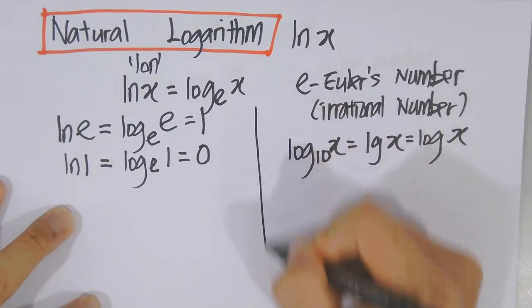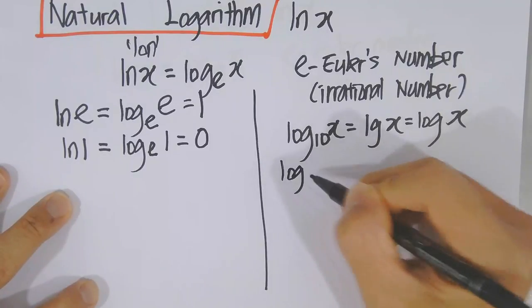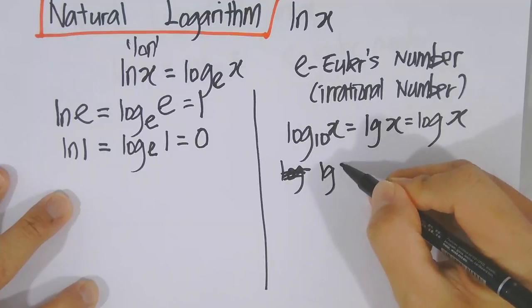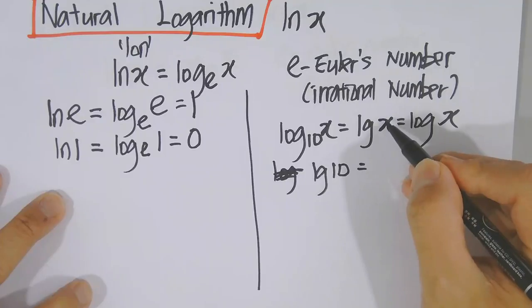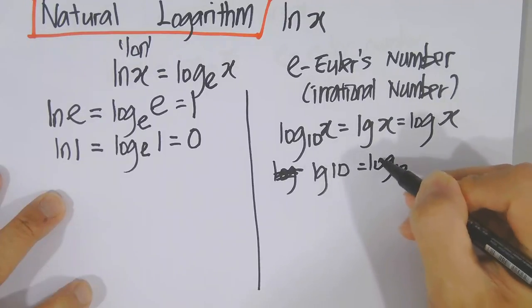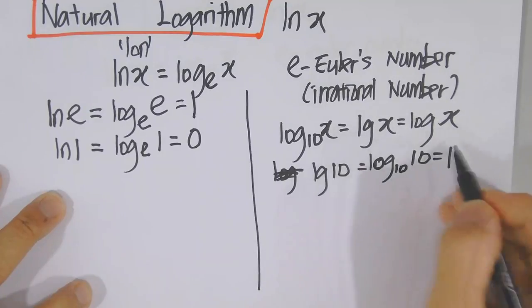So you see, I try to do some comparison for you. If you have lg 10, log 10 to the base 10 is 1.